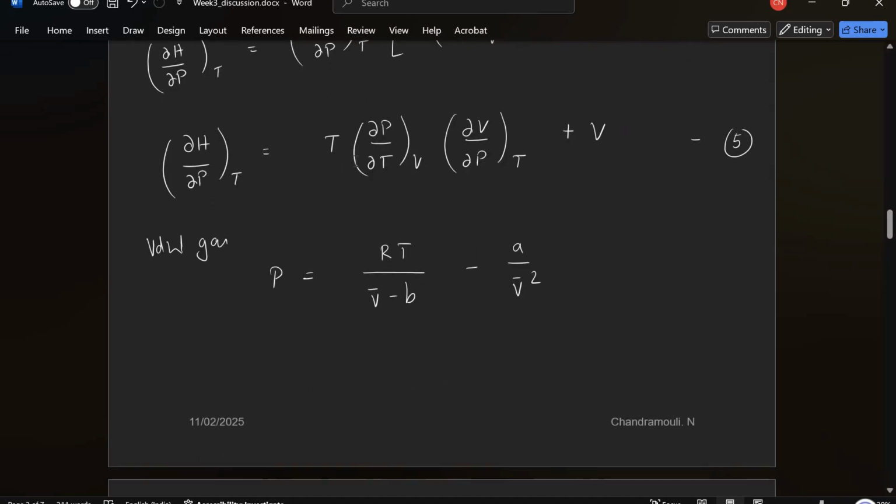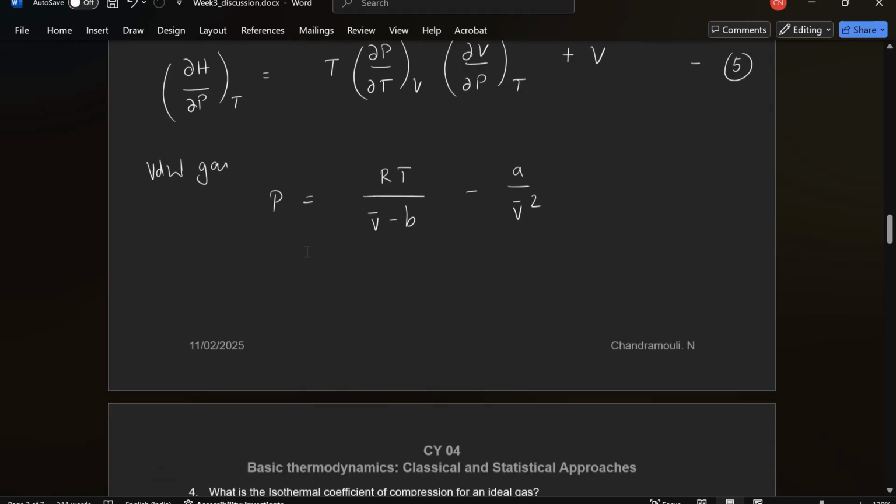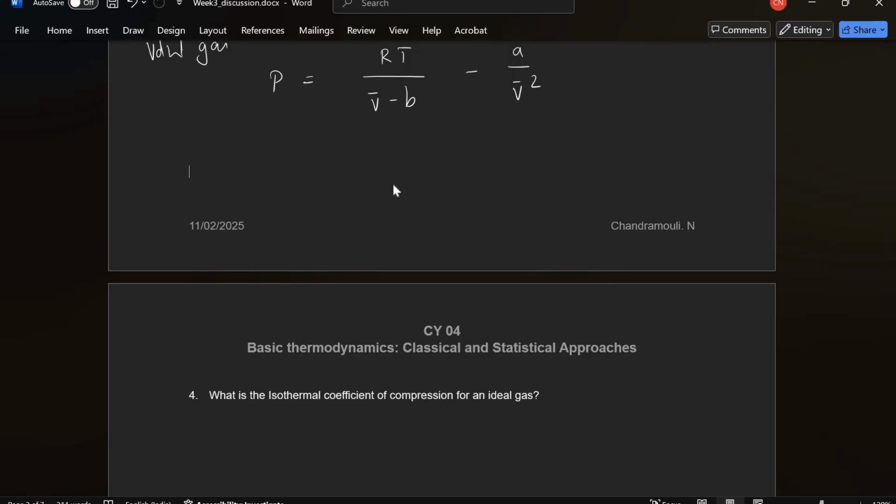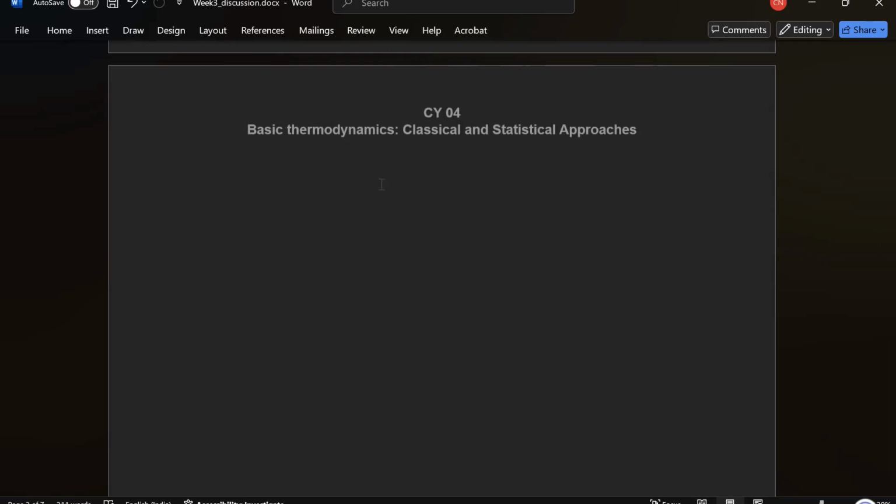So now we need two differentials, one with respect to T, another with respect to P. But since differentiating V with respect to P is not straightforward, we'll first differentiate P with respect to V and then take the reciprocal of that. All right, let me create some more space over here.